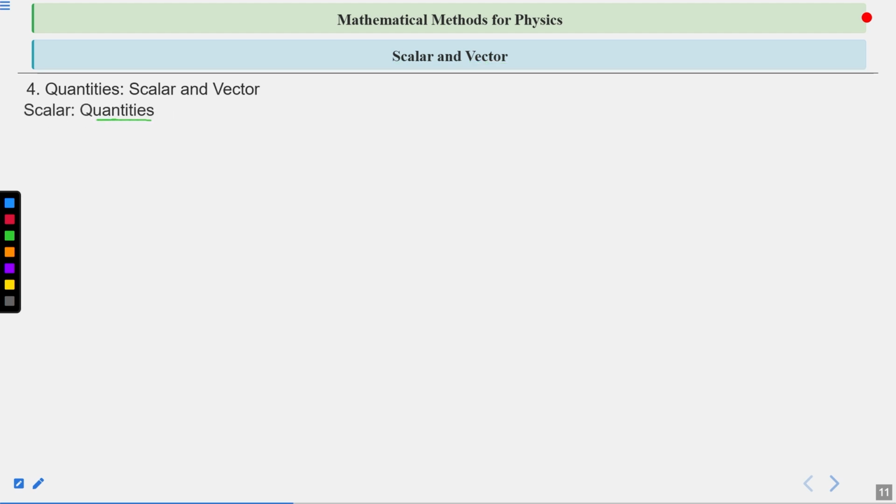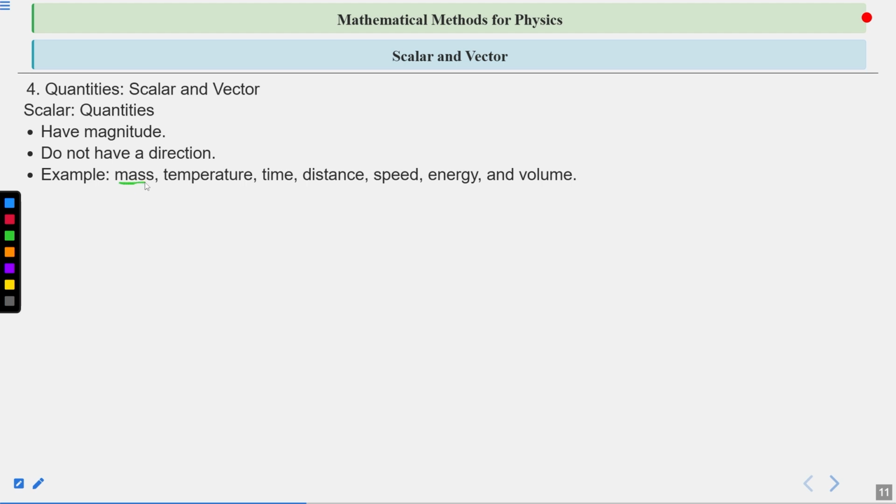Scalar quantities have magnitude, do not have a direction. So here the question arises, what is the meaning of magnitude? Magnitude means any number. So scalar quantities have a magnitude means they have any number.